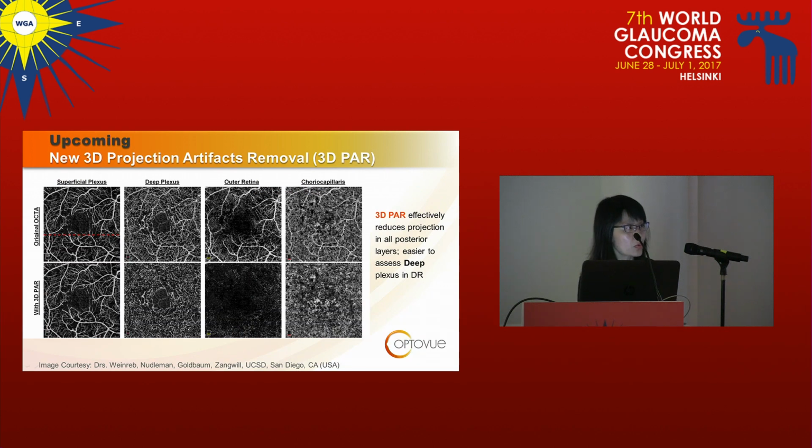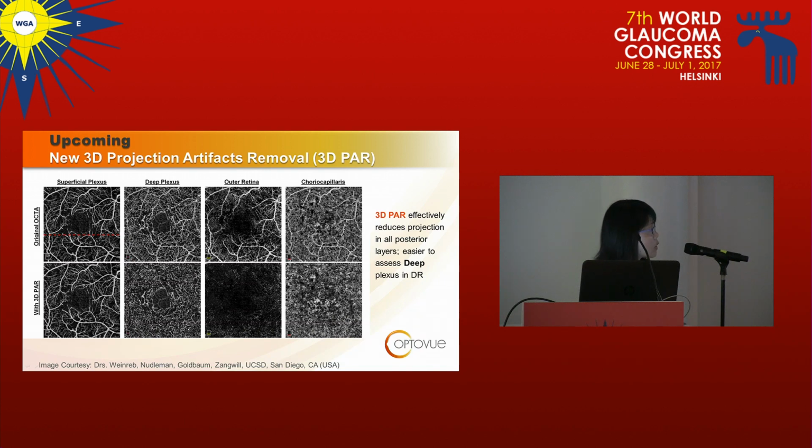Everybody is quite familiar with OCTA projection artifacts, and that's common to all OCTA scans. At Optovue, we have recently developed a 3D projection artifacts removal algorithm that removes projection artifacts from all layers, as shown in the example here. On the top row is the original OCTA volume, 4 en face images: superficial, deep, outer retina, and the choroid capillaries.